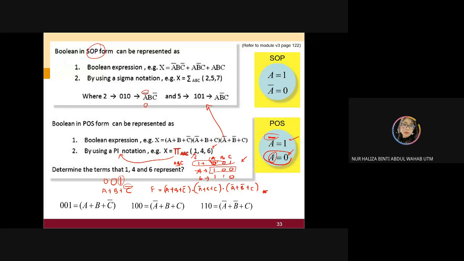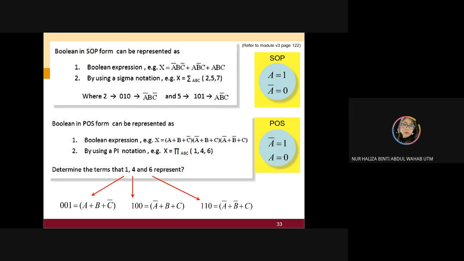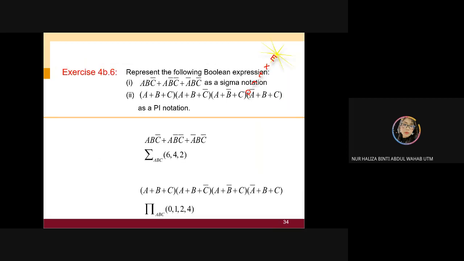It's very simple, but if you get confused at the early beginning stage, then it will be a problem later on. So please make sure whenever you start with your question, check whether it is SOP or POS, because it's going to be different between each other.